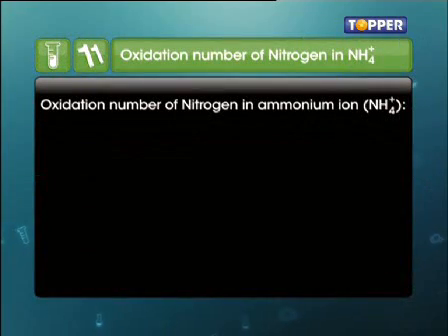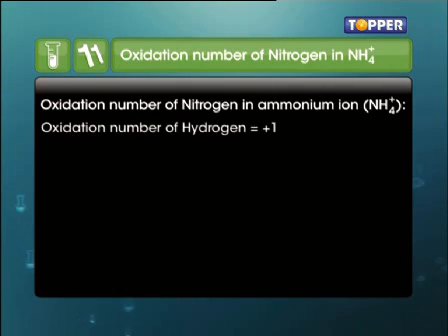Now, what happens when the ion is polyatomic? How does its oxidation number get affected? Let's take the example of nitrogen in the ammonium ion NH4+. What would be its oxidation number? According to the rule, the oxidation number of hydrogen is +1.